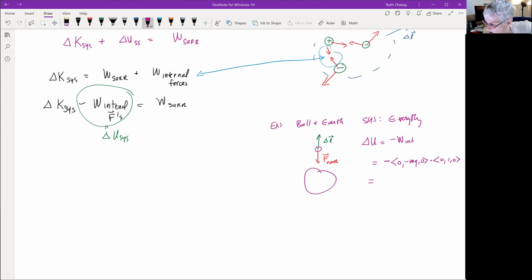And so that was a minus 5.5 kilograms times 10 newtons per kilogram times 1 meter. And so we get a plus 5 joules. And so it still comes out right. Delta K of the system plus delta U of the system is 0. This is now a minus 5 joules. That's a plus 5 joules. And it comes out to 0.